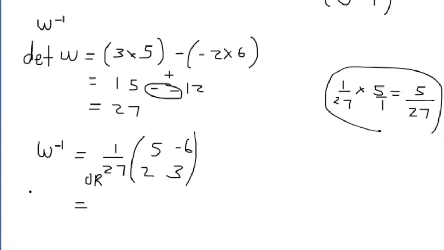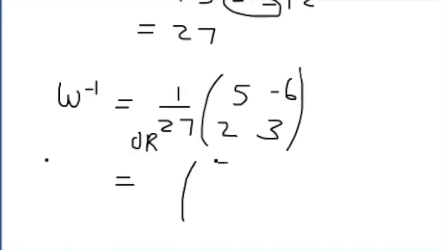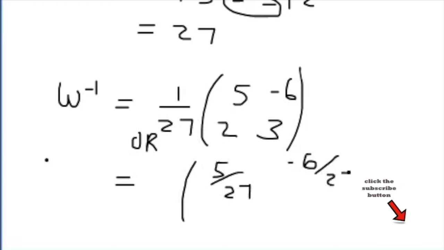So in other words, 5 times 1 over 27 is 5 over 27. 1 over 27 times negative 6 will give us minus 6 over 27. 1 over 27 times 2, that's 2 over 27. And 3 times 1 over 27, that's 3 over 27.